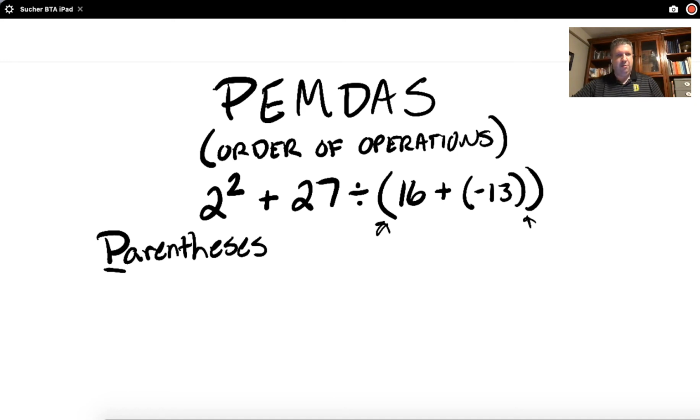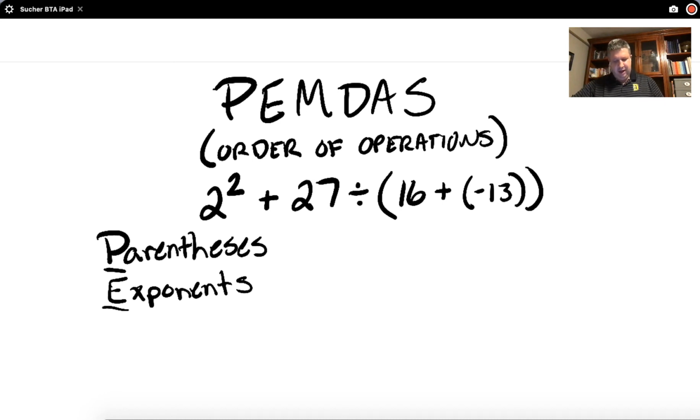So P for parentheses, and then E is for exponents. Like our square of 2, 2 to the power of 2. So that's going to come in next.